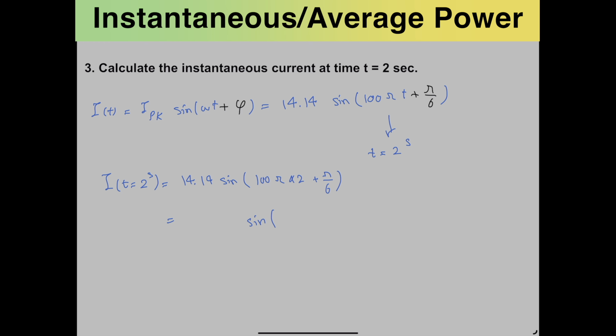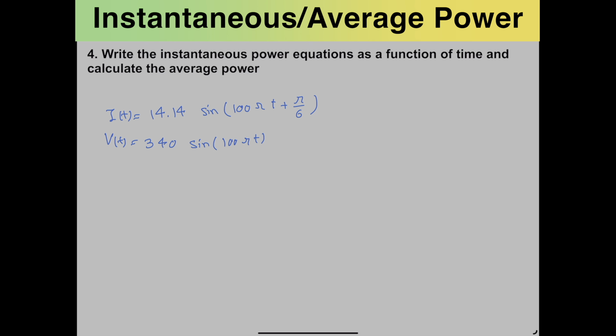So sine of 100 times pi times 2, it would be 100 times of 2 pi, which is going to be nullified inside the sine. So we're left actually with only pi over 6. So sine of pi over 6 is going to be multiplied by 14.14. Sine of pi over 6 is going to be 1 over 2. And we're going to multiply that by about 14, which takes us to around 7 amps.